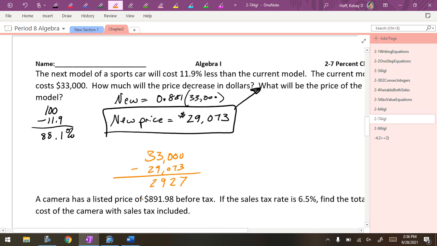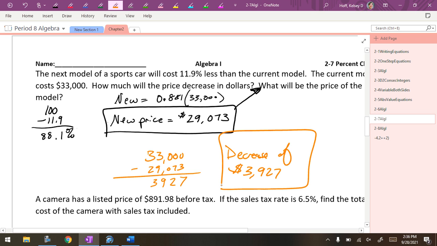Am I anywhere close? 2,927? Perfect. Remember that time I told you I can't subtract to save my life? So a decrease of $2,927.